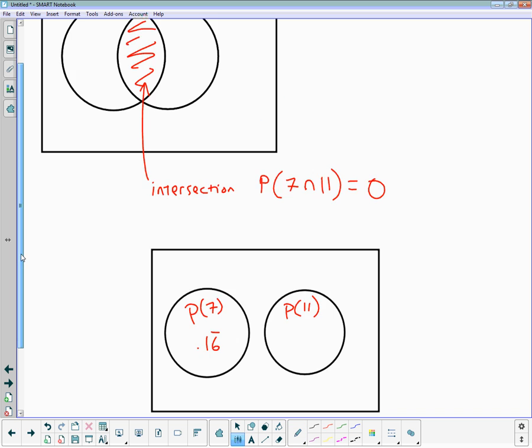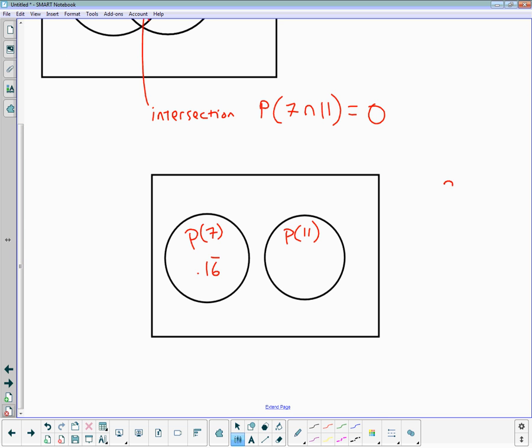The probability of rolling an 11, that was 2/36, which is going to be 0.0555. Pretty sure that is 1/18.